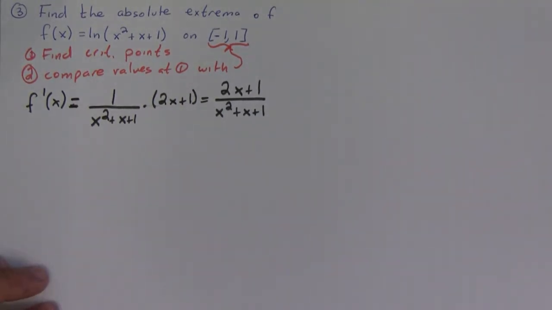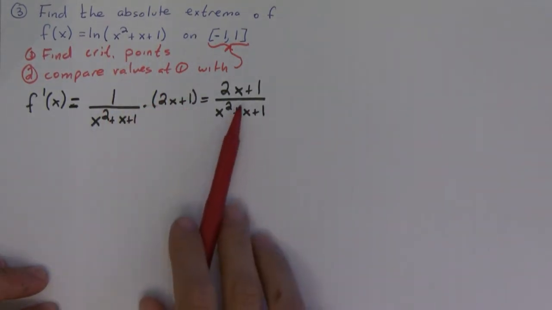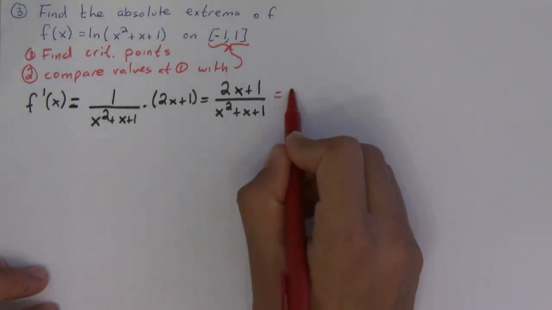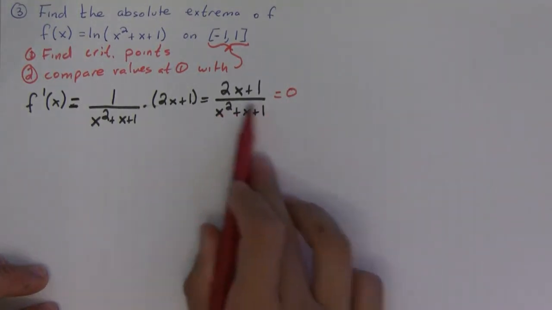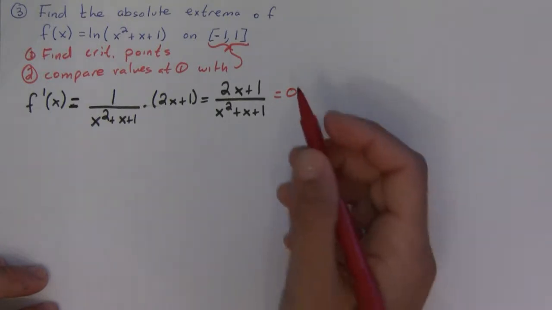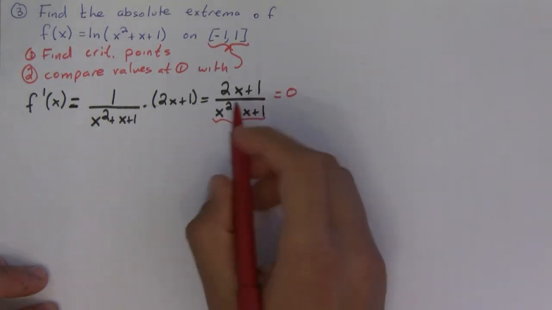Okay, so remember that to find the critical points, what we need is to figure out all the places where the derivative is both undefined and equal to 0. So since we have a fraction, we have to be careful with the denominator and figure out where it equals 0, but a quick check of the discriminant.